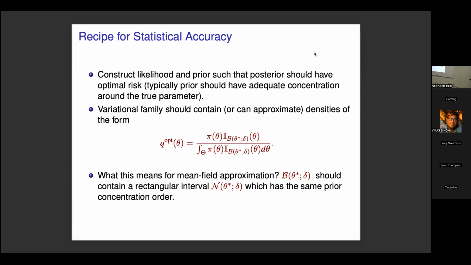Right? So this is the prior truncated to small scale neighborhoods around the true parameters. So what does it really mean in the sense of approximating using mean field densities? Typically, if there is a high correlation between variables, this neighborhood, the KL neighborhood, would not be rectangular. This should be an ellipsoid, right?